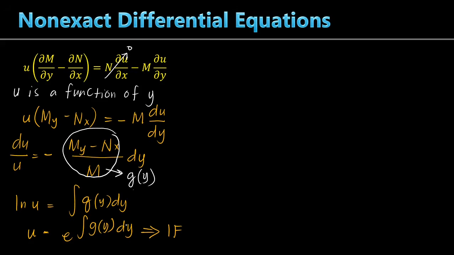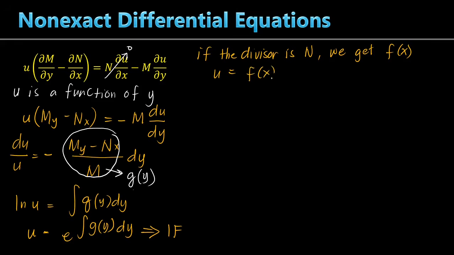Paano nga kumuha ng integrating factor? Simple lang. Kanina, kapag ang divisor ay n, if the divisor is n, ang nakukuha nating function ay f of x. We get f of x, and therefore, u is a function of x. Now, this time, ang naging divisor natin ay m.